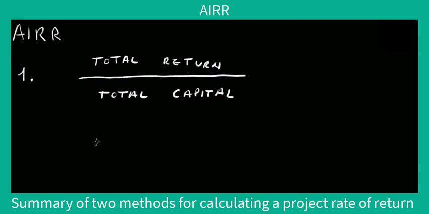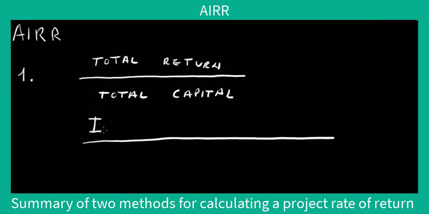Now, if we denote by I the income or profit generated by the project, the numerator is I of 1, the income generated in the first period, plus the discounted value of the second income.